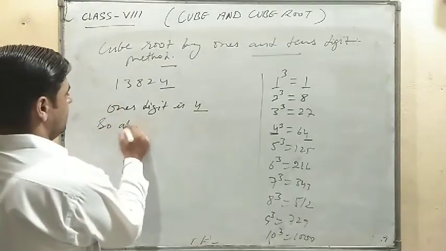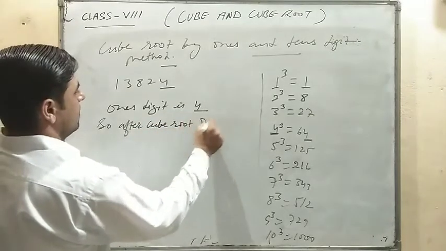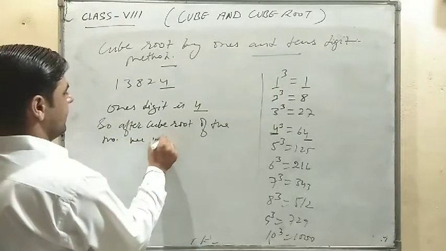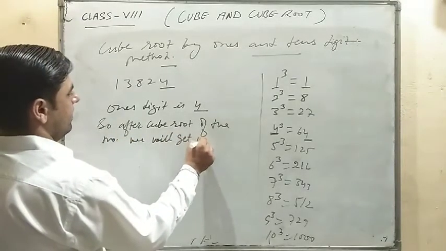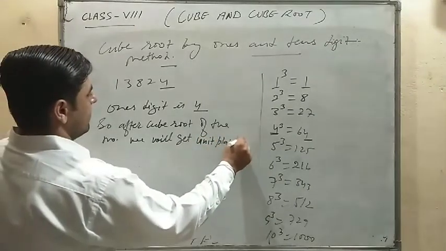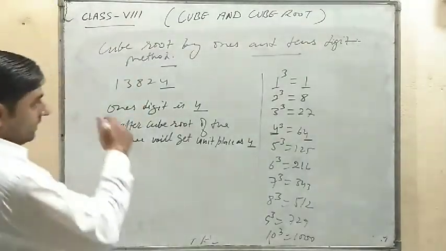So after taking the cube root of the number, we will get the unit place as 4.